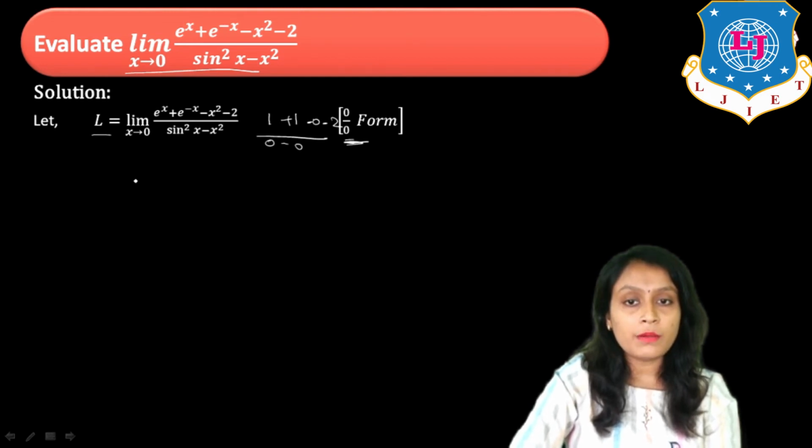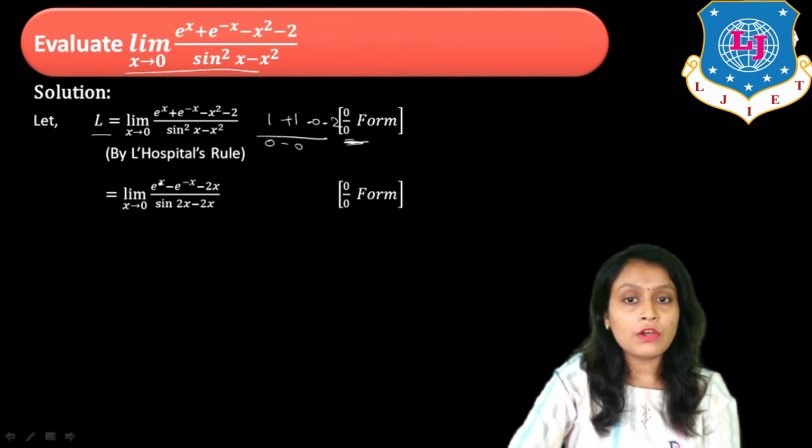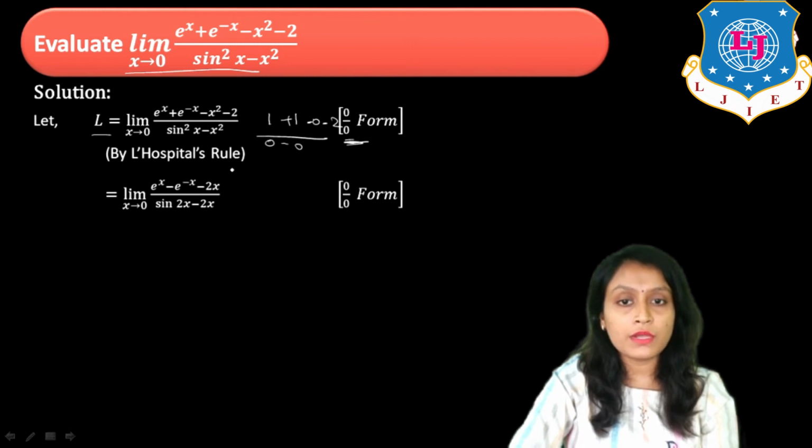Okay, so we have to apply L'Hospital's rule, right? In L'Hospital's rule, we have to take the derivative of numerator and denominator separately. So firstly take the derivative of the numerator. From here you will get e raised to x minus e raised to minus x, and the derivative of x square is 2x, so minus 2x.